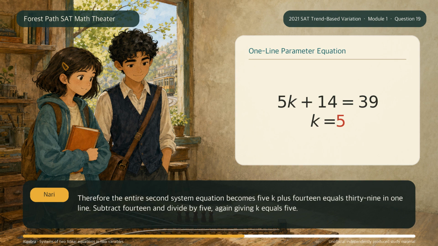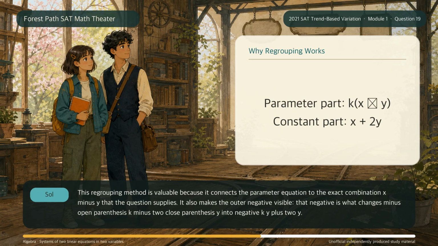Subtract 14 and divide by 5, again giving k equals 5. This regrouping method is valuable because it connects the parameter equation to the exact combination x minus y that the question supplies. It also makes the outer negative visible. That negative is what changes minus (k minus 2)y into negative ky plus 2y.